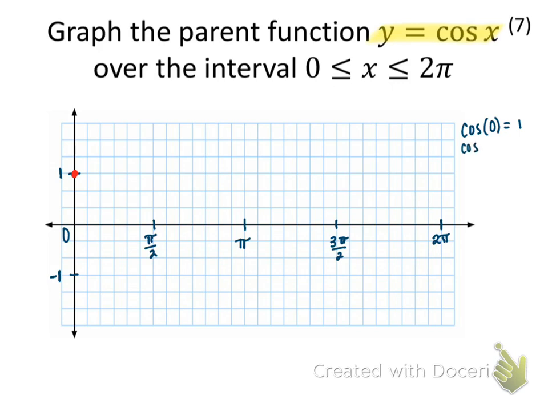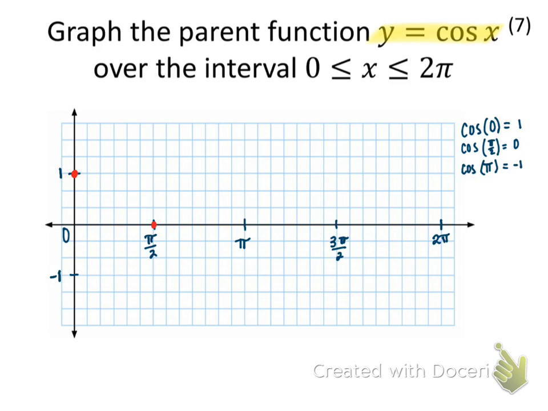If we take cosine of pi over 2, which once again is cosine of 90 degrees, we see that the x value of the coordinate point is 0. So at pi over 2, cosine equals 0. And we can evaluate cosine at pi, which looking at our unit circle, that x coordinate point is going to be -1.